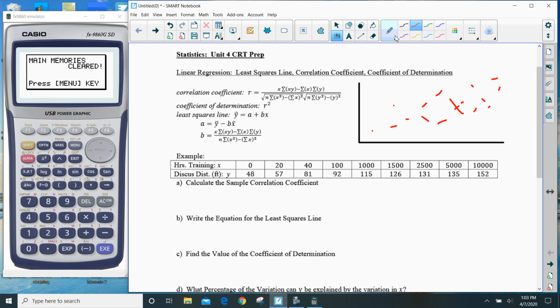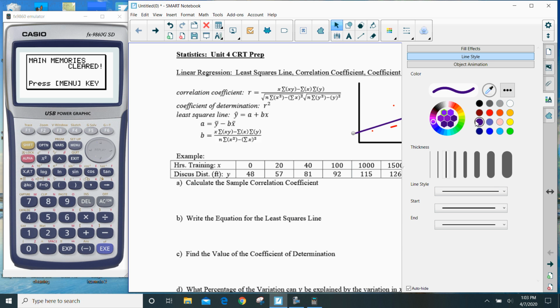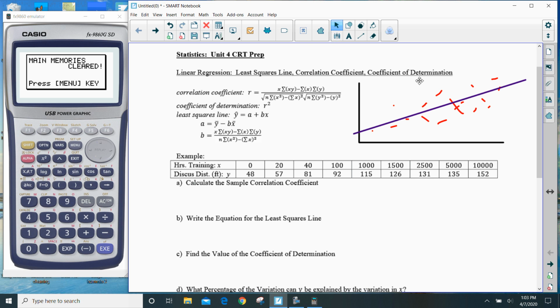What we are going to be doing is constructing a mathematically perfect line of best fit, and with that we can tell a few different things.